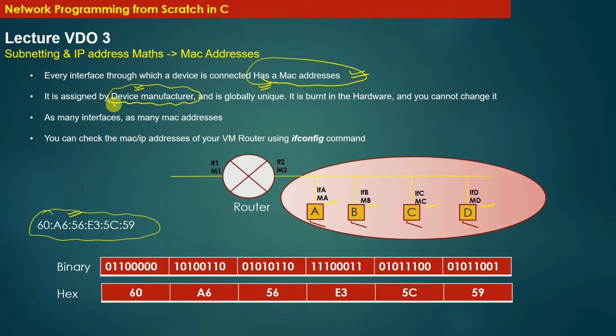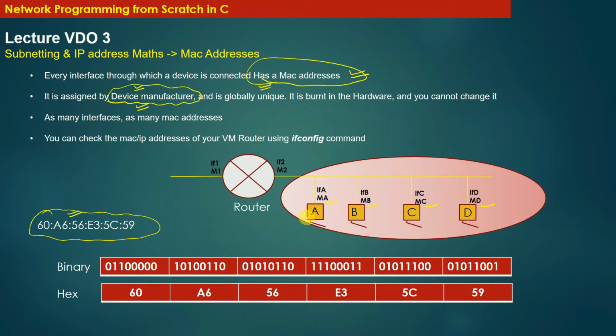So you cannot configure or change the MAC address of a device, because the MAC address is assigned by the device manufacturer only. That is, at the time when the device is being manufactured, the device manufacturer assigns the MAC address to the device.